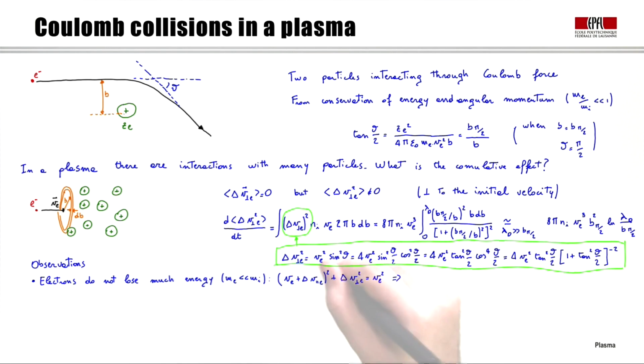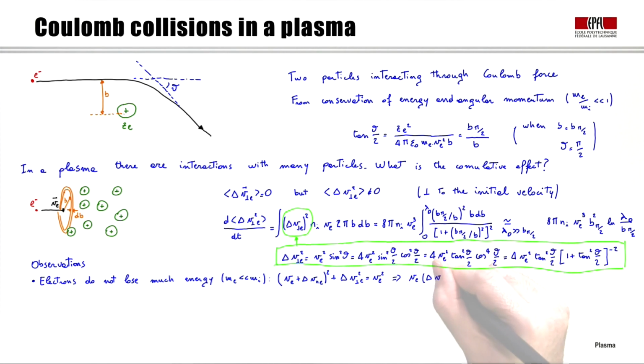From which, by developing the squares and eliminating v squared on both sides, we get that V_E delta V parallel E plus 1/2 delta V perp E squared is equal to 0. In developing this expression, we have neglected delta V parallel squared. This is valid for collisions leading to small deviation. As we will see in a few moments, it's a reasonable assumption for most of the collisions that occur in a plasma.